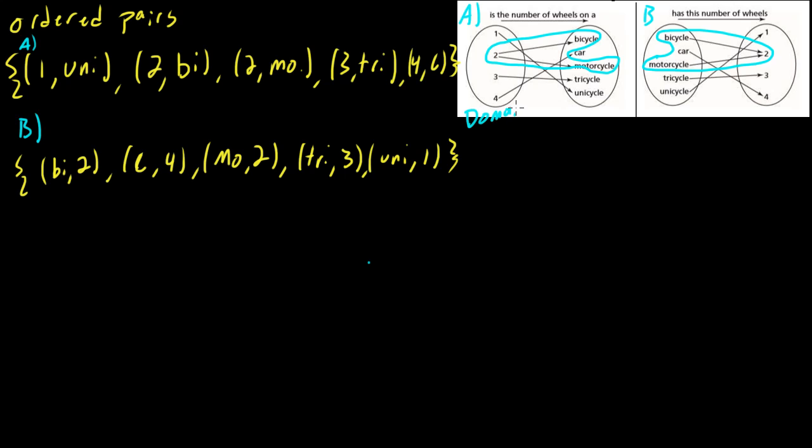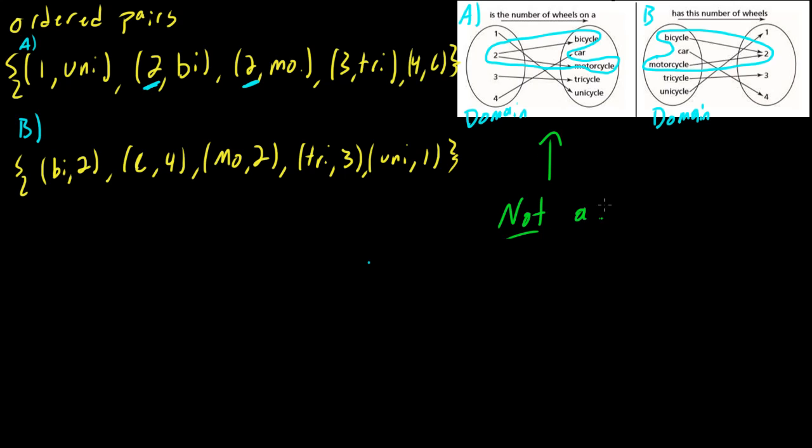Our first set is acting as our domain in either A or B. It doesn't matter which one we're looking at, the first set is always going to be our domain. So in A, one of our domain values is repeated. It still means it's a relation, but in terms of mathematics, this is not a function because of the repeated domain value.